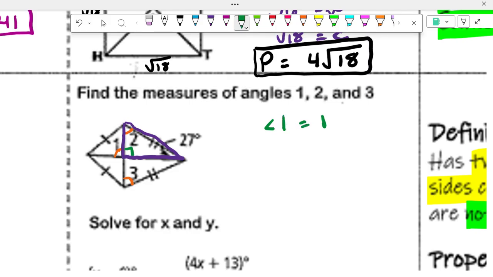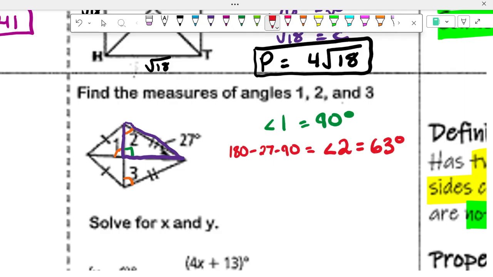Angle 1 is equal to 90 degrees. So to find angle 2, I would subtract 27 and 90 from 180. What would that give me for angle 2? 63 degrees. Now, angle 3 we can find in a similar way because what's true about this angle right here, this big angle?